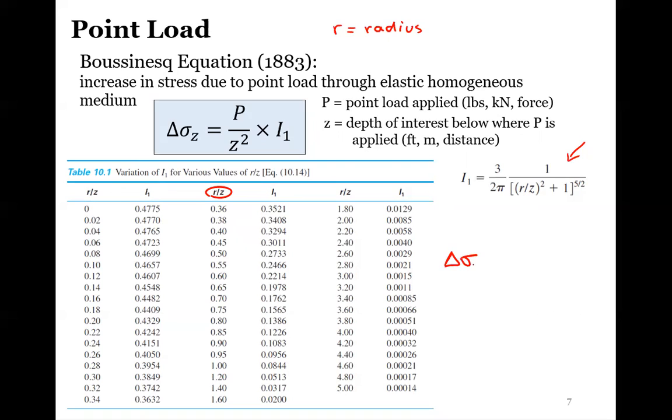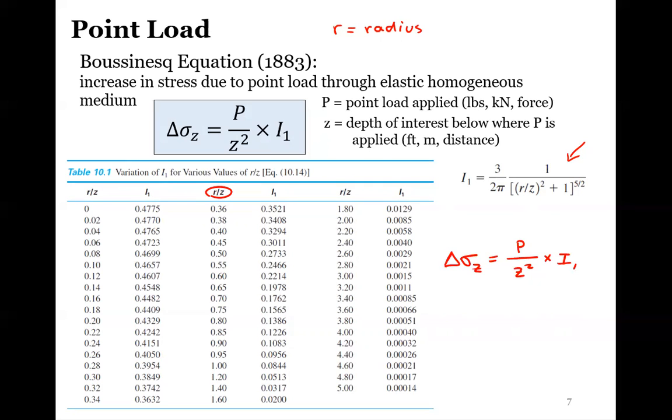So our delta sigma Z at any point that we care about is P divided by Z squared times I1. This is why engineering is so fun, because we get to use all this fun math, but it's already been simplified by people who were dead already, and they make our lives a lot easier. So that's what you'll see throughout all of this.